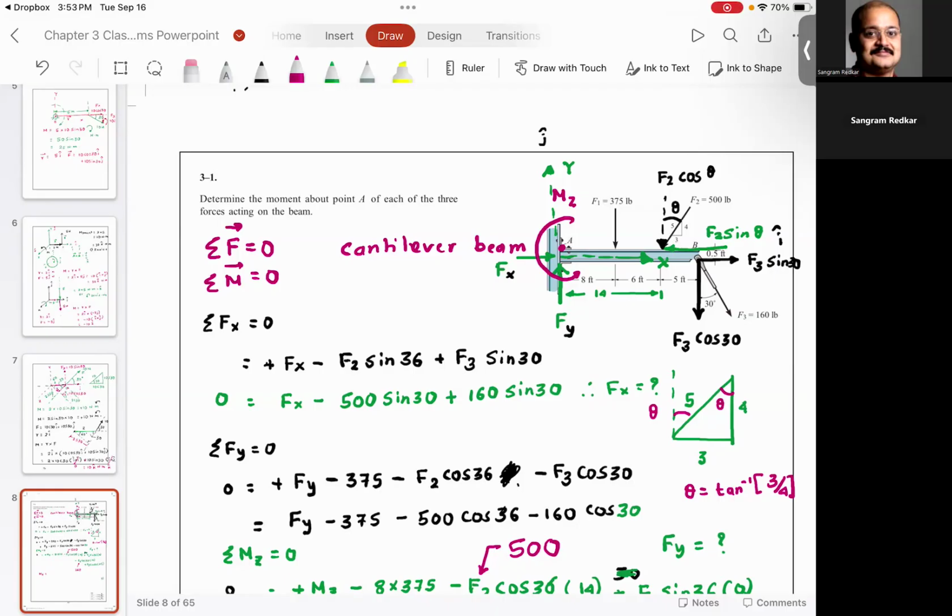The only change would be that, please note, if you assume your Fx going towards the left hand side, there should be a negative sign here. You agree with me? If you assume your Fy going down, then it can't be positive. There has to be a negative sign here. If you assume Mz going in the clockwise direction, the Mz here is negative. Everyone understood this?